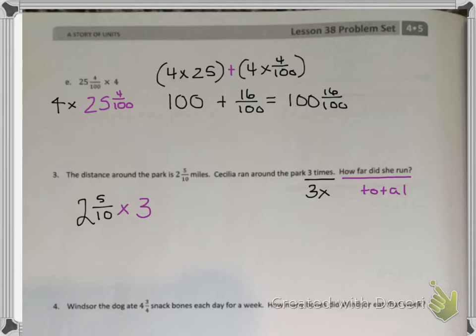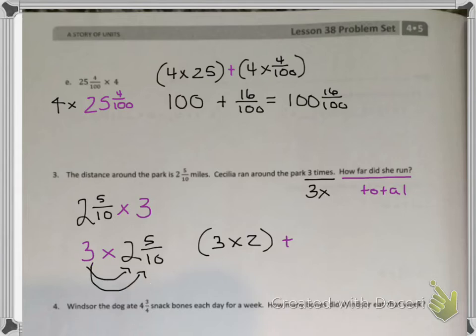All right, I'm going to move this mixed number and the whole around so I can use the distributive property. So I'm going to have 3 times 2 5/10, and I am going to multiply 3 times 2 plus 3 times 5/10.